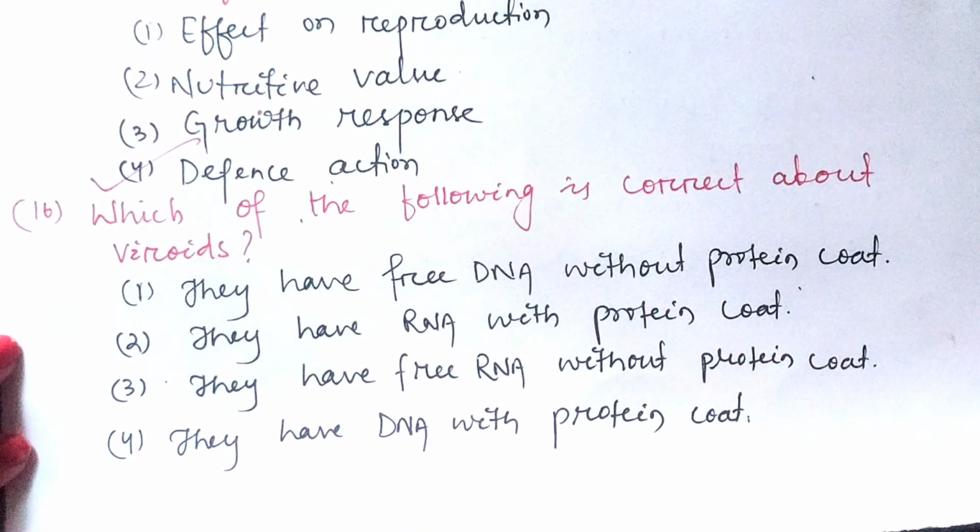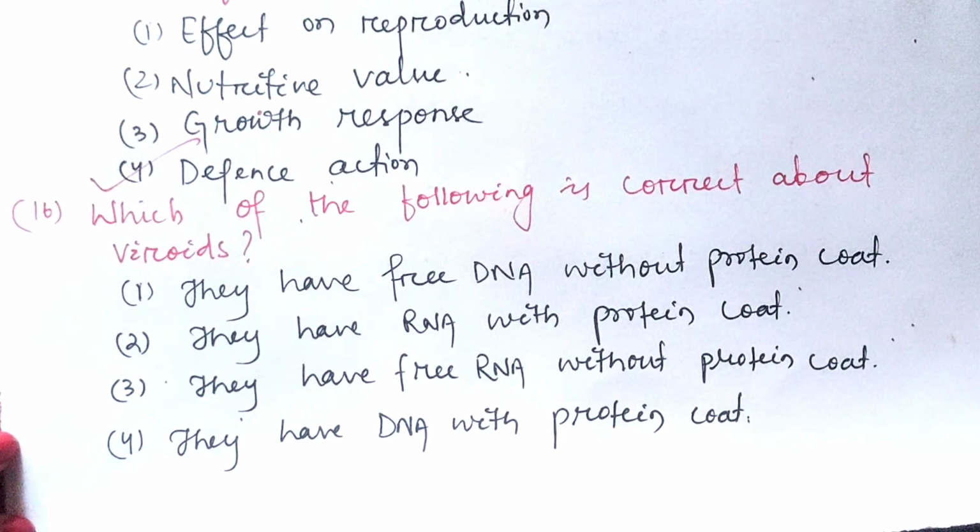Then question number 16. Which of the following is correct about viroids? Option 1. They have free DNA without protein coat. Option 2. They have RNA with protein coat. Option 3. They have free RNA without protein coat. And option 4. They have DNA with protein coat.